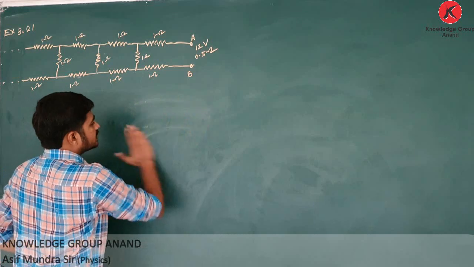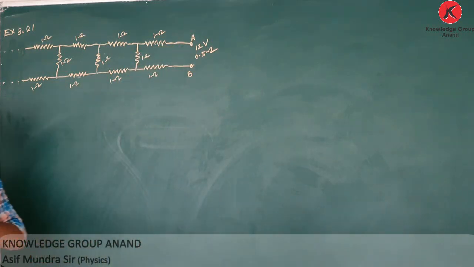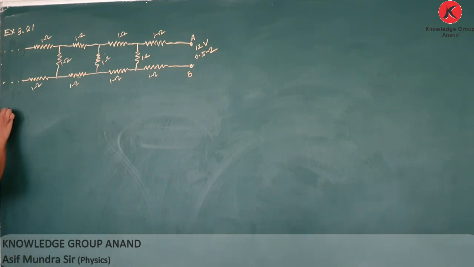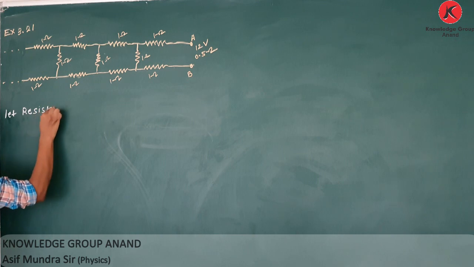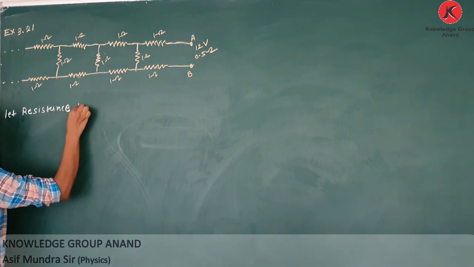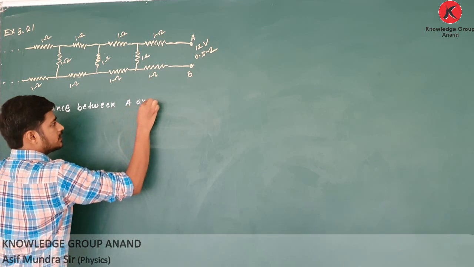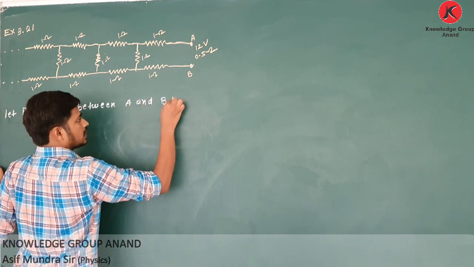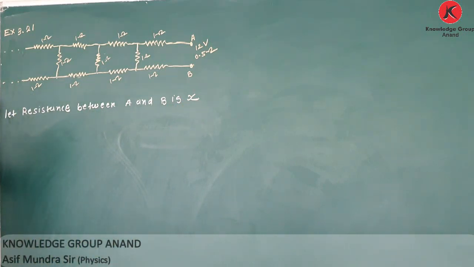How to find its total resistance? First of all, I am assuming the resistance between A and B. Let the resistance between A and B be X. Clear about this?